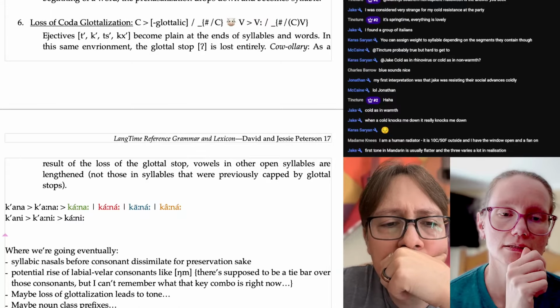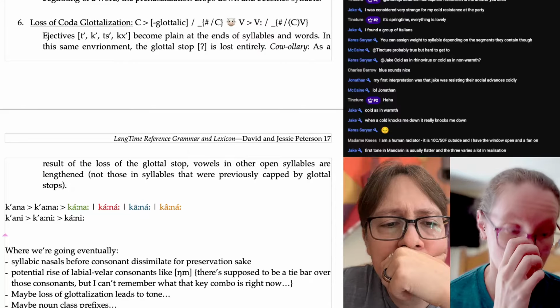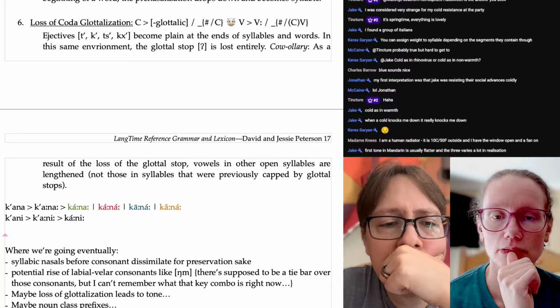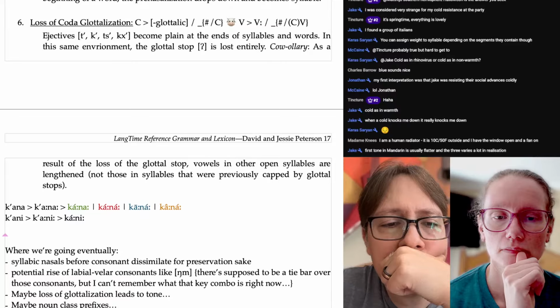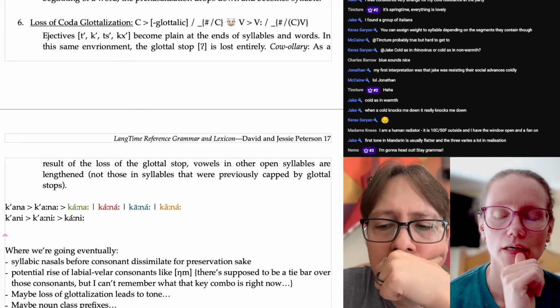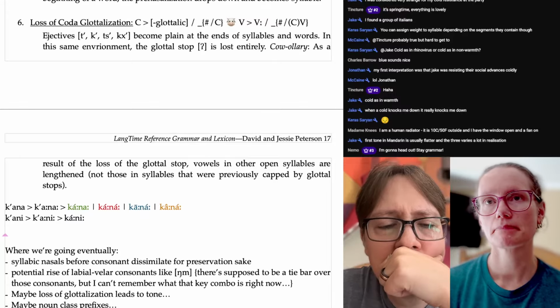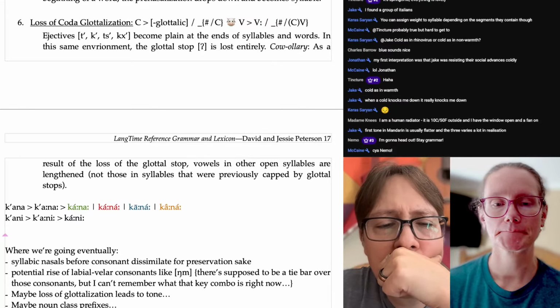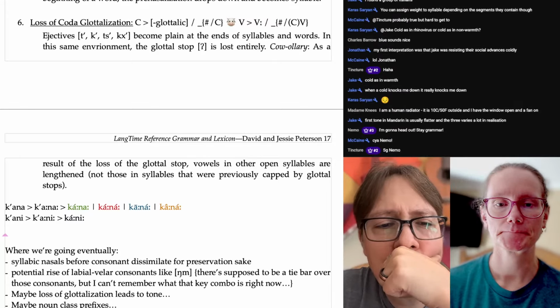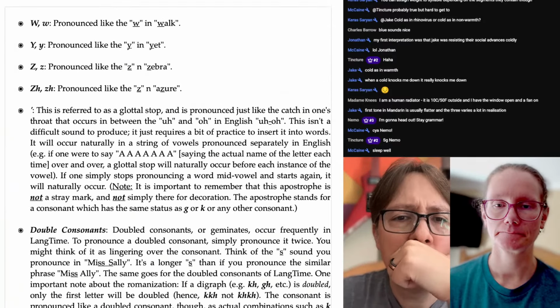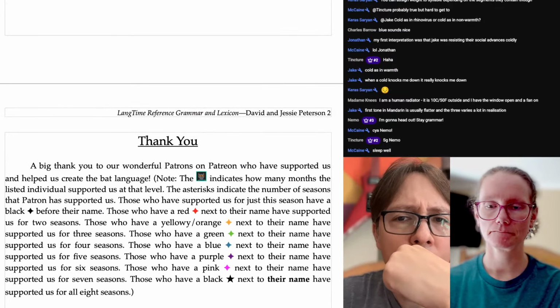I like the idea of playing with tone because it feels like this language could be suited for it. I don't know how it should be realized. Just a quick reminder about what we got.